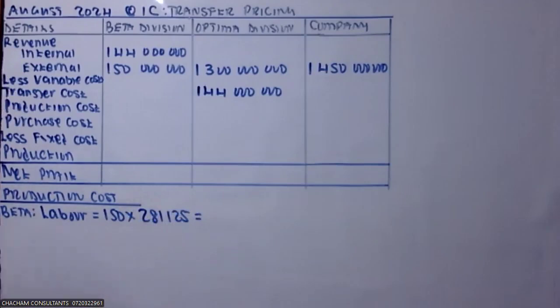So if you multiply, say 150 times 281,125, give me the figure you get.